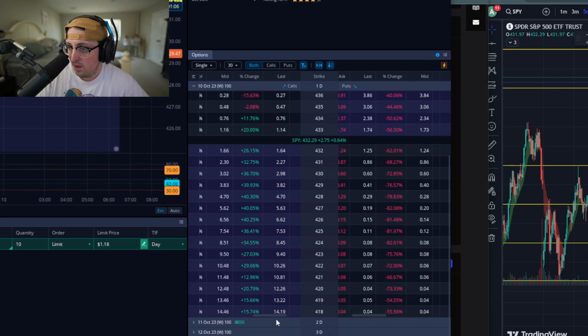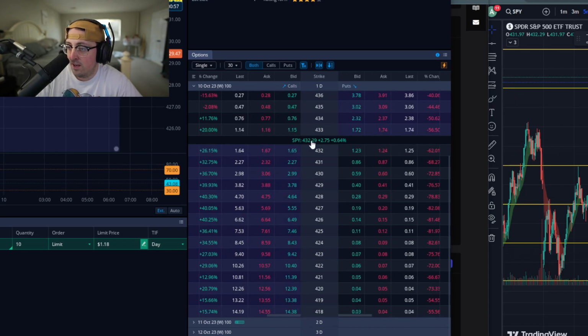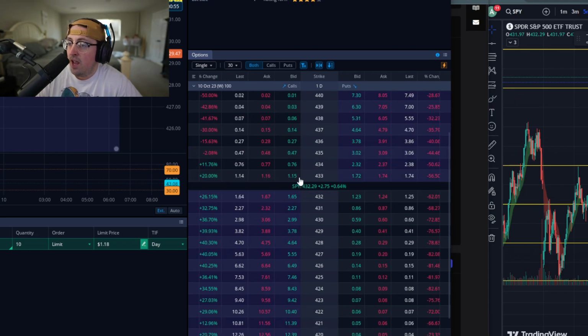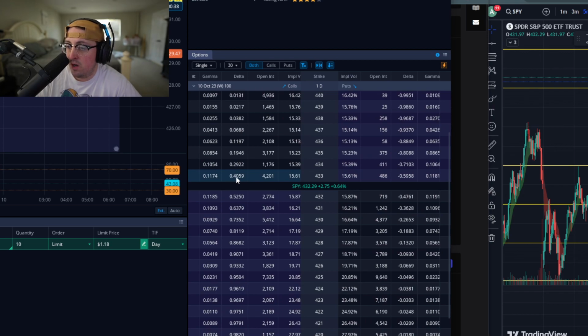There's the bar. Okay, so delta is the rate of change of the option price per dollar move. So let's say that SPY is at 432 now, and we buy a 433 call. That is $116 per contract. So say SPY moves up to 433.29. The delta is 40, so $40 per contract.